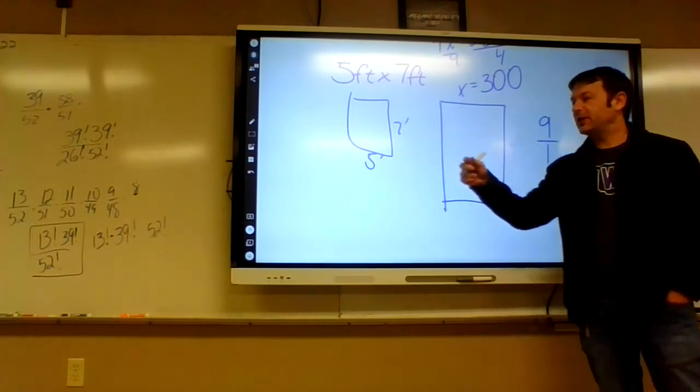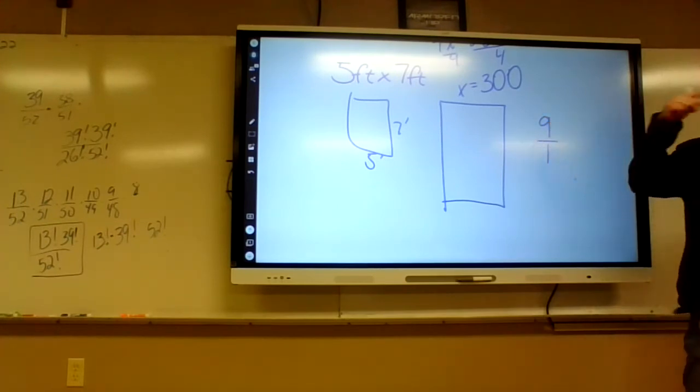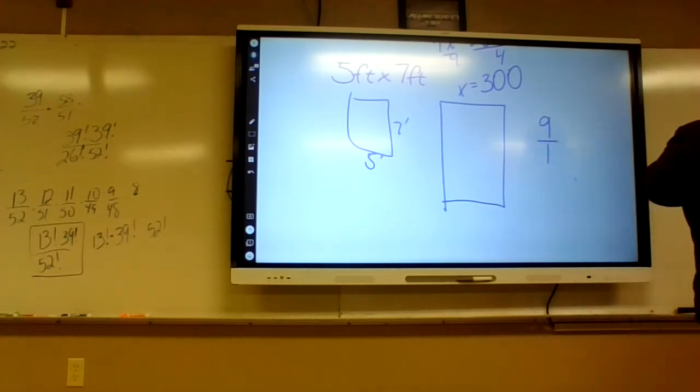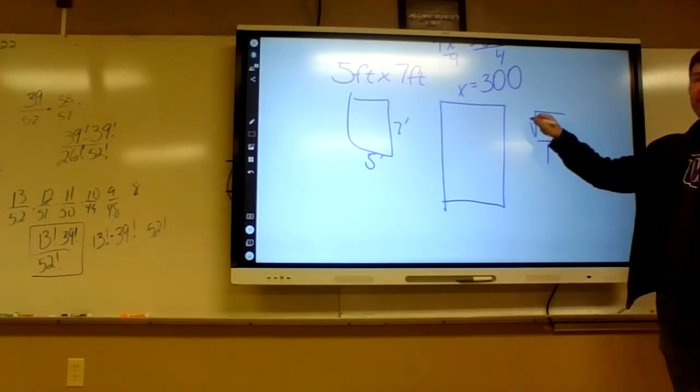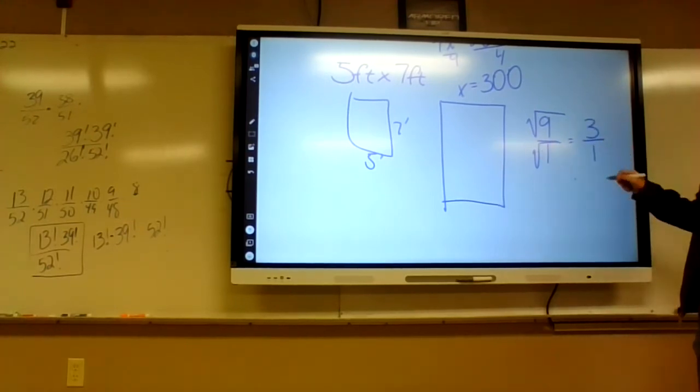This is 9 times bigger than that one. If this is the ratio of the areas, how do I go backwards and find the ratio of the sides? Square root. So 3 for 9. So the ratio of the sides should be 3 to 1.